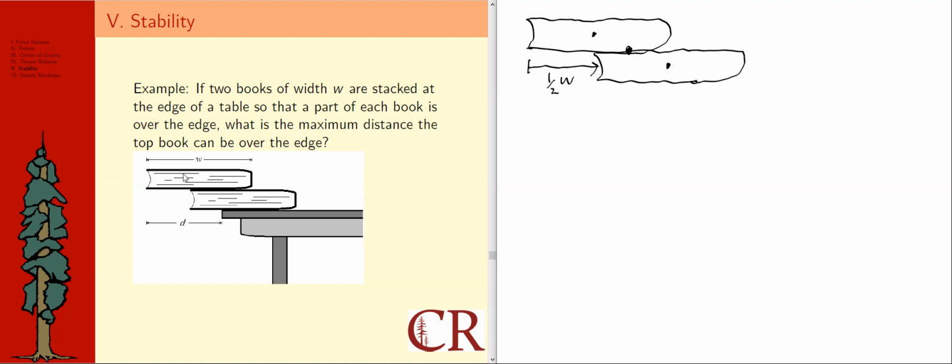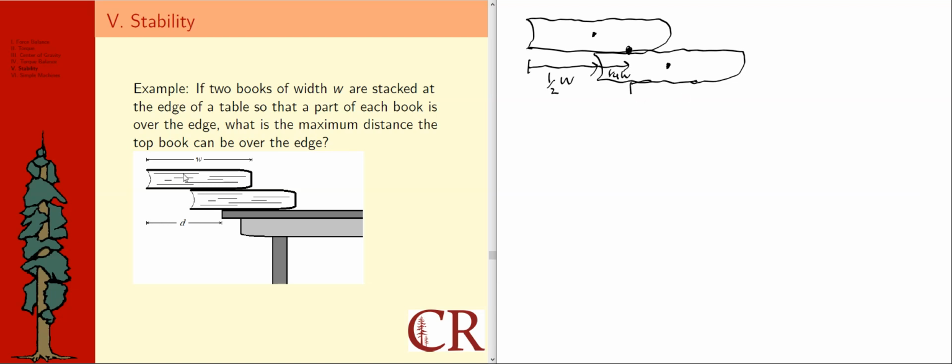Since this point is halfway along the bottom book, and this center of mass point is halfway between that and the center of mass of the top book, this additional distance right here would be 1/4 W, and that's where the edge of the table could be.